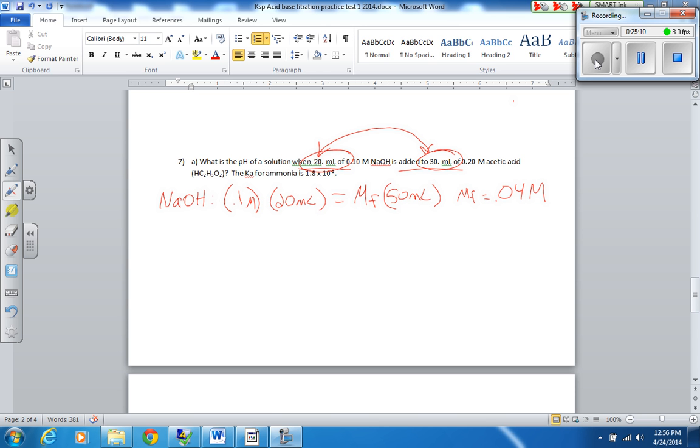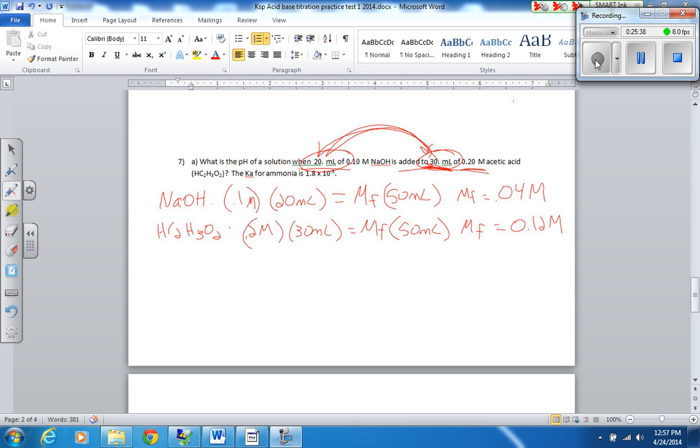So acetic acid, HC2H3O2, initial molarity 0.2 molar, initial volume 30 mils, equals Mf times the final volume, add them together, still 50 mils. It's the same final volume. So Mf is 0.6 times 0.12 molar.